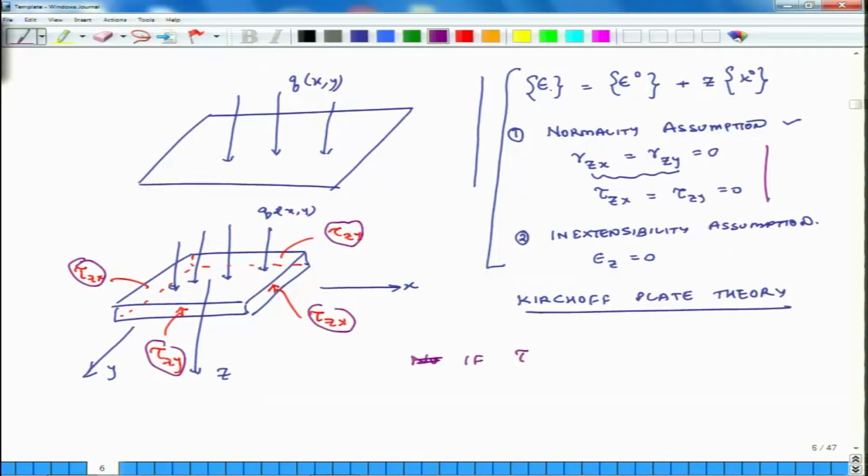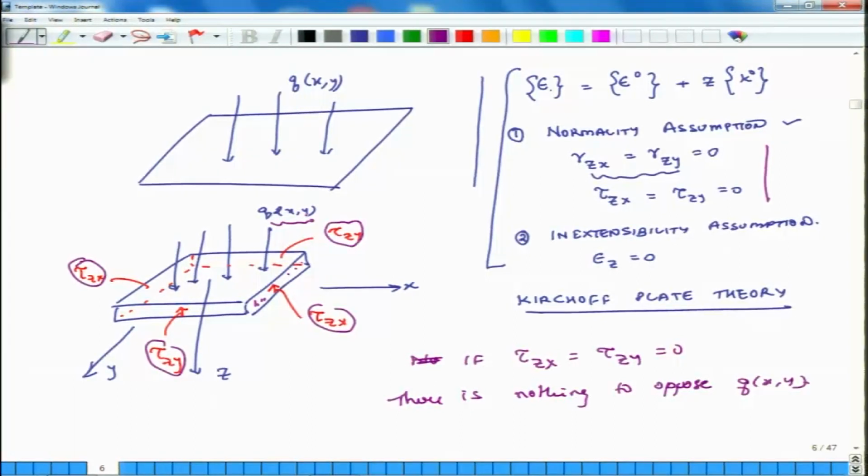If tau zx is equal to tau zy is equal to 0, there is nothing to oppose qxy, right, because there is no other external force on the system. I am just cutting a piece of this plate, and on this surface the only force which can resist has to be created because of tau zx. If tau zx is 0 and tau zy is 0, nothing will oppose this qxy.